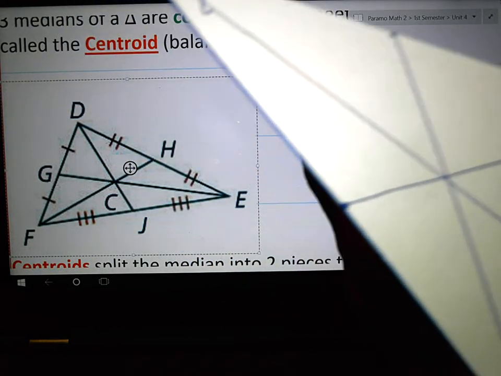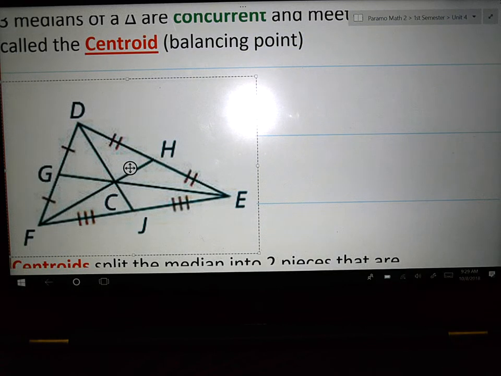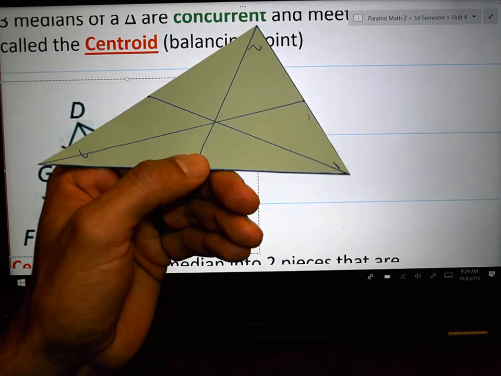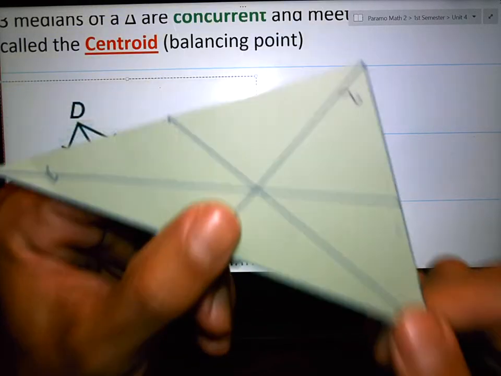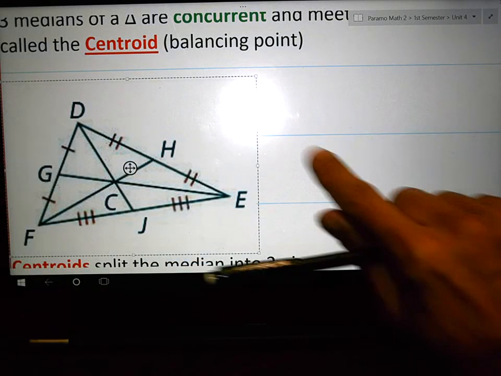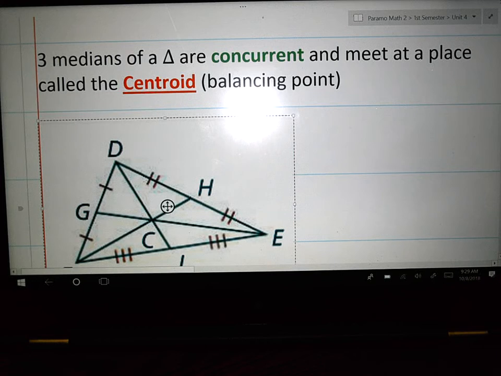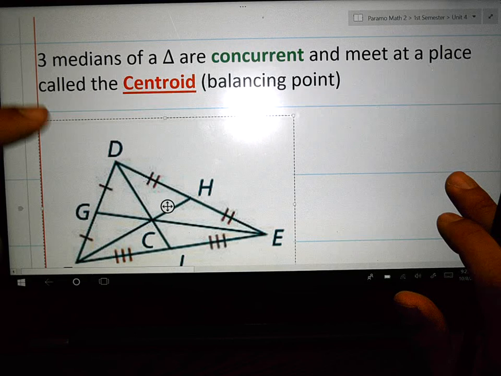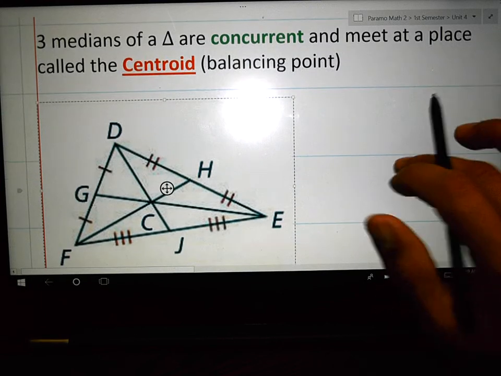I'm going to hold it up here for those of you in the classroom. There you go. You see that right there? That little point where those three things cross is the balancing point. If you put your pencil underneath a triangle's medians where they cross, that is the balancing point. Kind of a neat little idea. You will not have to do that. You can feel free to do that on your own time if you want to.